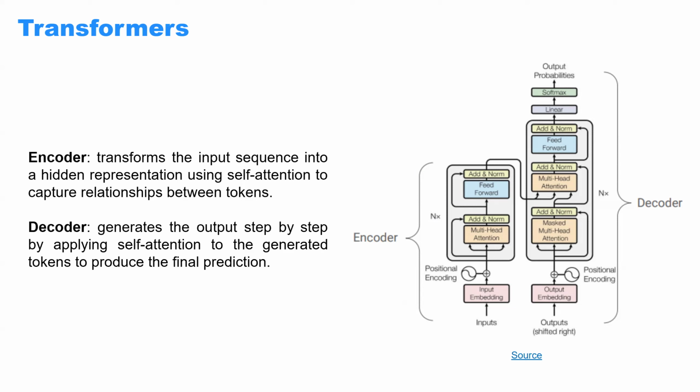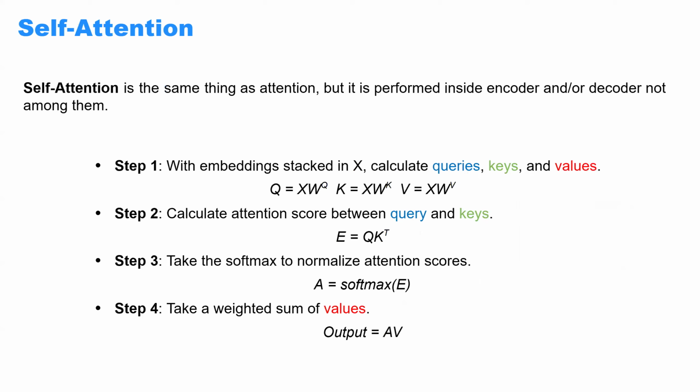It's the same encoder-decoder architecture, but the devil is in the details, and the main idea is in that small orange block called multi-head attention. That's exactly what is called self-attention. Self-attention is the same thing as attention between encoder and decoder, but it is performed inside the encoder or the decoder, not between them.